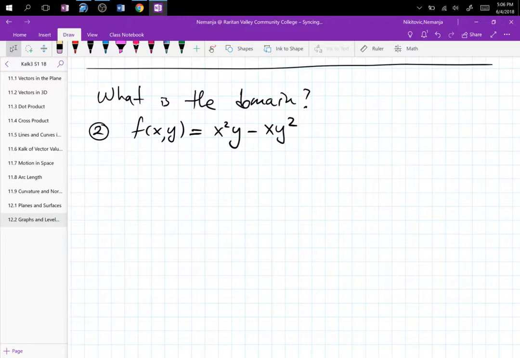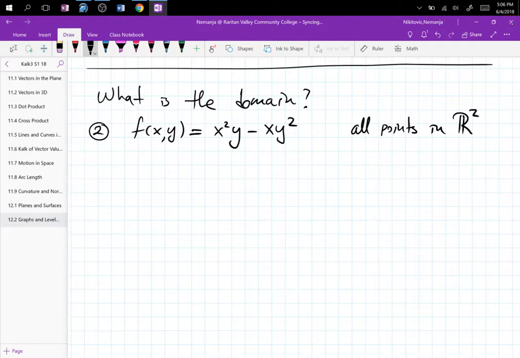And if you recall, the polynomials have the domain of all real numbers. So in this case, what is the domain of this? All points in R2.